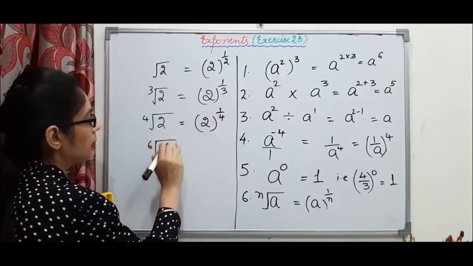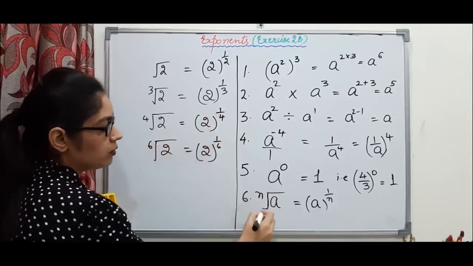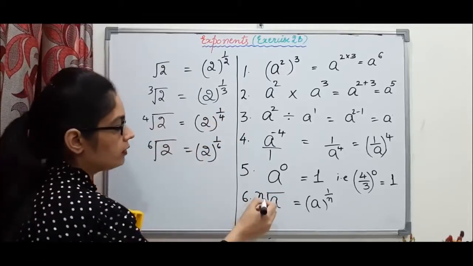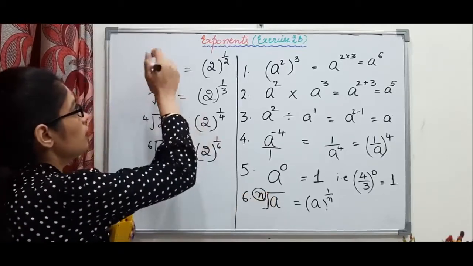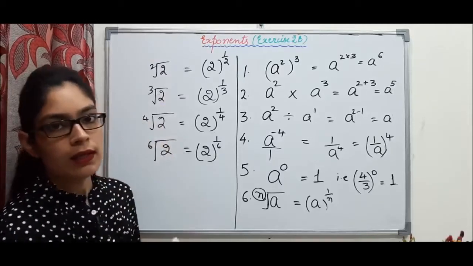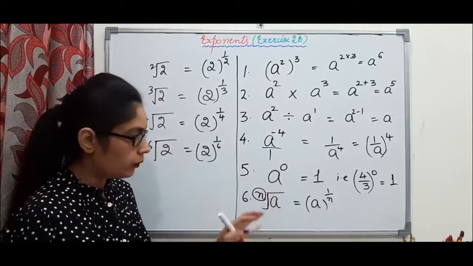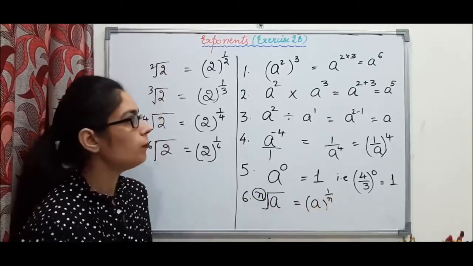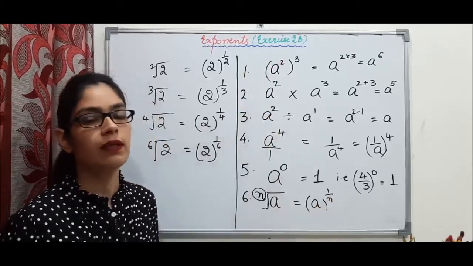If any number like 6 is written, it will become 2 to the power 1 by 6. So this root means the power in the form of a fraction of this number. This number can be anything. If nothing is written, it means 2, then 2, 3, 4. So accordingly you have to change it. Don't get confused about squaring; you just have to change the power into fraction form. So let's use these rules and start with the exercise.